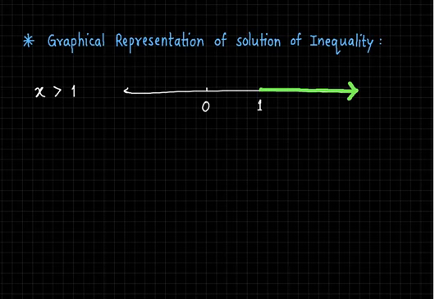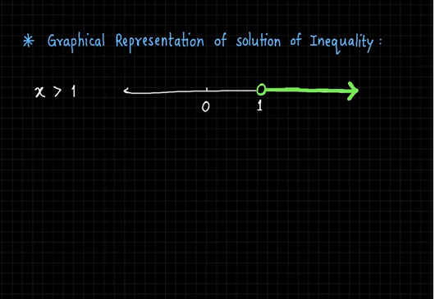So in order to avoid that, we have a symbolic notation: at value 1 we show a hollow circle, and the part that lies on the right, we darken it. So this indicates clearly that the value 1 is not to be included, but the entire region lying on the right side of 1 is to be included.